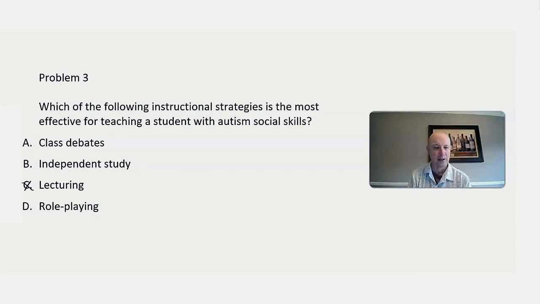So I'm going to eliminate choice C. Independent study, the student is getting no interaction with other students. They're working by themselves. So it's between A, class debates, and D, role playing. Well, class debates may be a little too much for teaching social skills. At this point, a student with autism may be overwhelmed with interacting with the students during a class debate. So the correct answer here would be D, role playing.